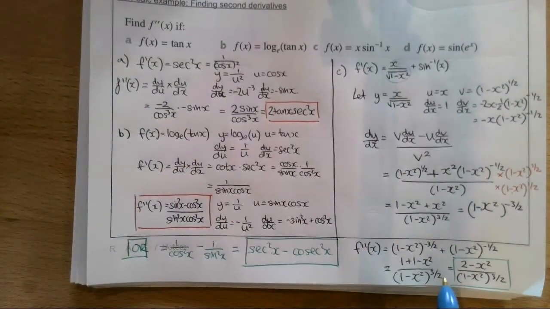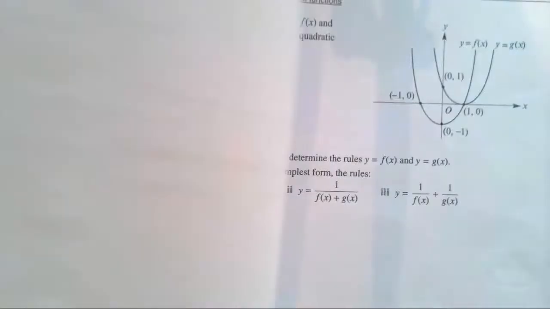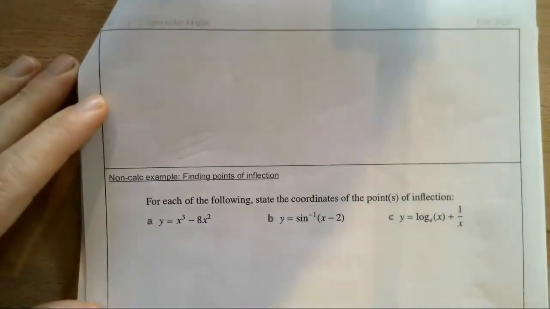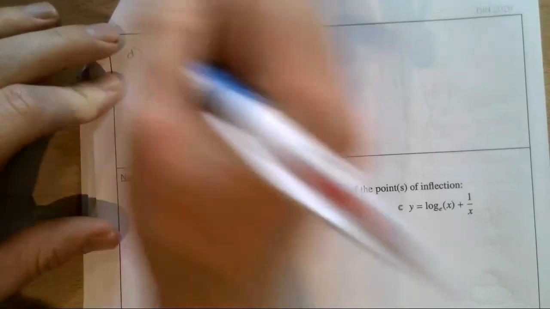So don't worry if you made a little mistake, just focus on it, see if you can learn from it. Part D I'm just going to do over the page. It's actually the simplest of all these questions, so we'll do it quickly.